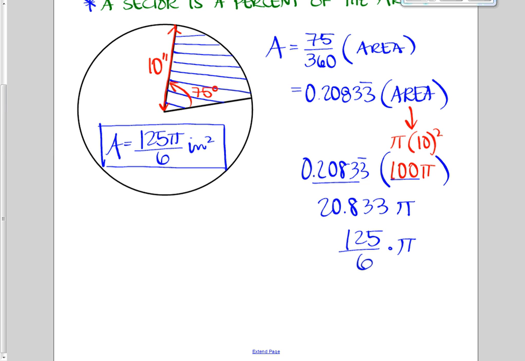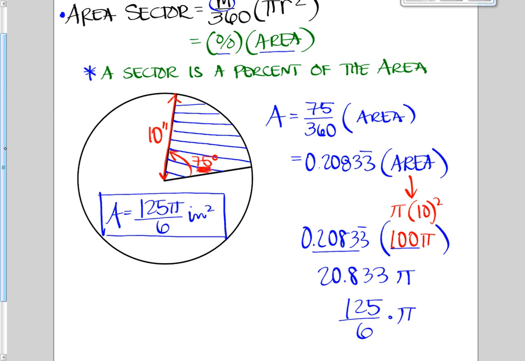Now, this also has to be able to be done in terms of radians instead of just degrees. Our angle was given to us here as 75 degrees, but I want to look at what happens if that is in radians also. I didn't make another slide.